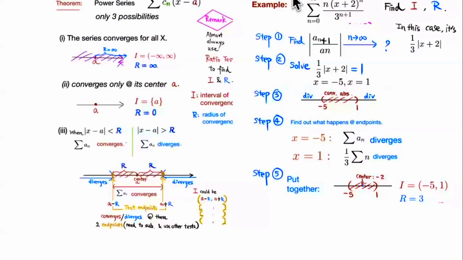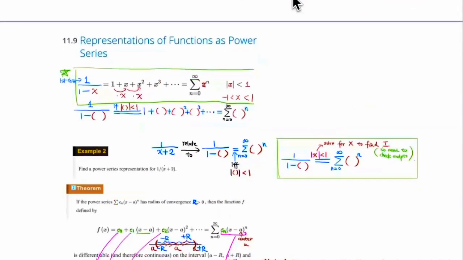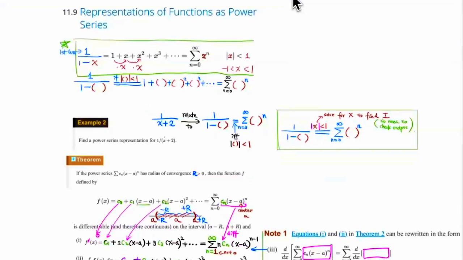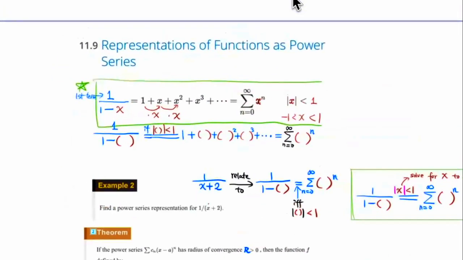Okay, the last part here, 11.9, where we represent a function as a power series. We remember this one: if you can relate to a function of the form 1 over 1 minus a quantity, you can represent this function as a geometric power series, provided the absolute value of the common ratio is less than 1.